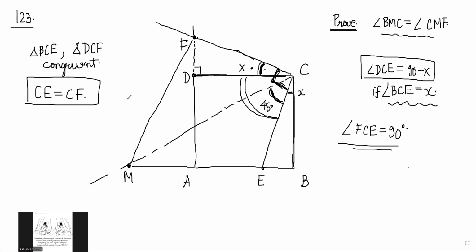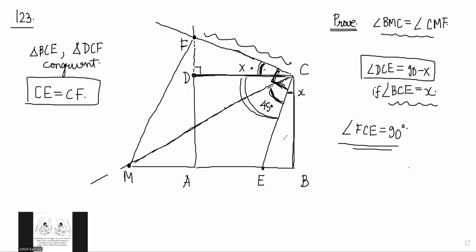And now we know that CM is the angle bisector of ECF. They have told us that in the question itself, right? Then these will also become congruent. CM is angle bisector of ECF. And EC is equal to CF, and CM is common.